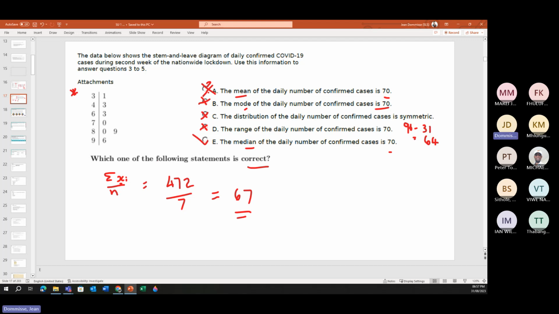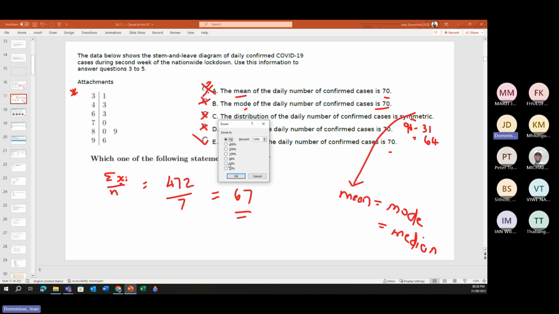So another way to show that something is symmetric, the mean, median, and mode must be exactly the same. So if we want it to be symmetrical as well, those three need to be the same.